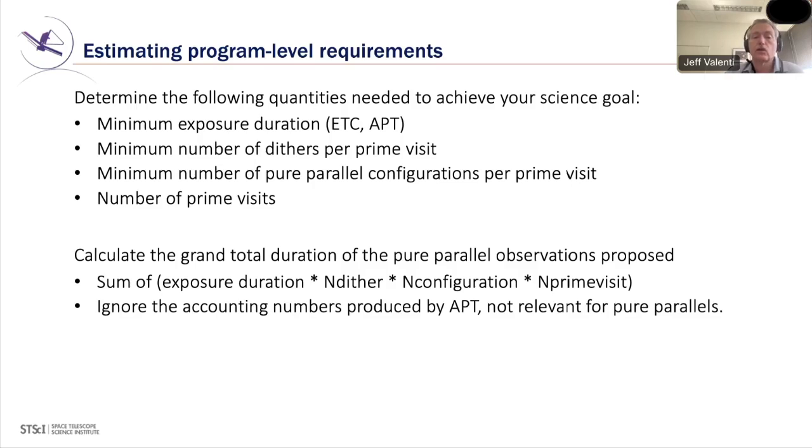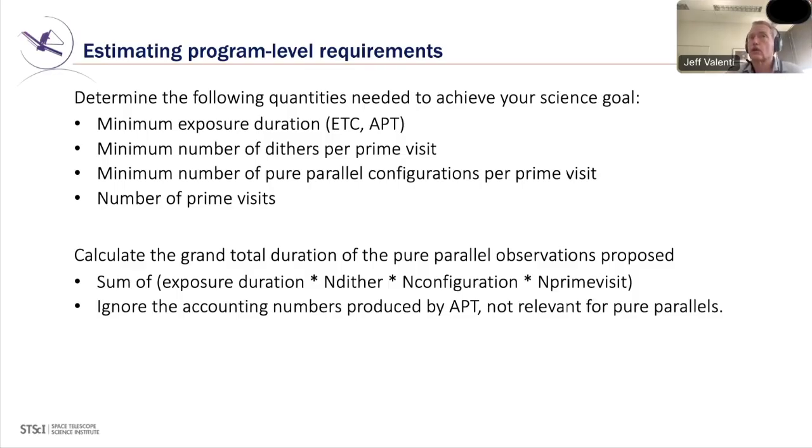You're going to need to decide how many dithers you need, and that'll be determined by the prime visit, so that will limit which prime visits you can attach to. And the minimum number of pure parallel configurations that you need per prime visit. So we're going to go into why this is an issue and how to figure that out.